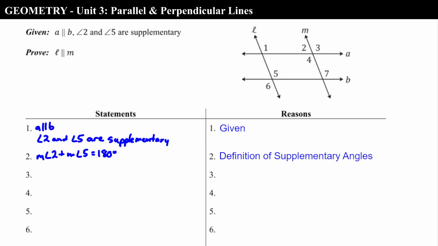Okay, so now let's take a look at our figure. Well, we can make a relationship between 1 and 5 because 1 and 5 are corresponding angles. We know that angle 1 is congruent to angle 5. And that comes from the corresponding angles postulate.